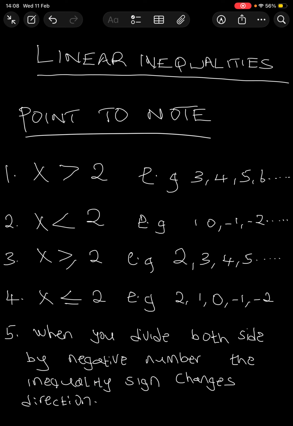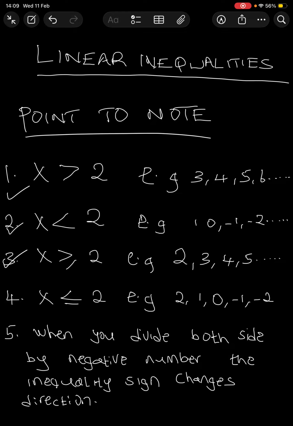So we have 5 points to note. Number 1, x is greater than 2. So the values of x are greater than 2. We have 3, 4, 5, 6, and many others. Then number 2, we have x is less than 2. So the values of x are less than 2. We have 1, 0, -1, -2. Next, 3, x is greater than or equal to 2.